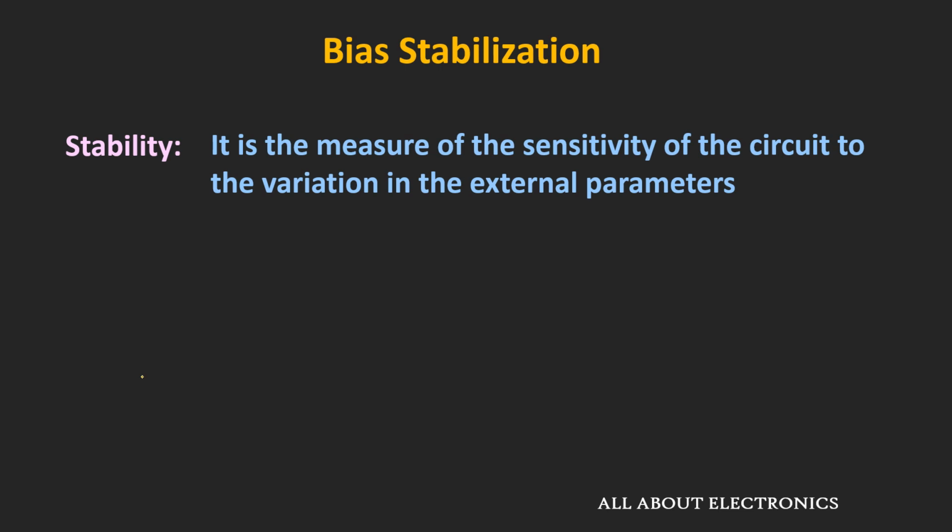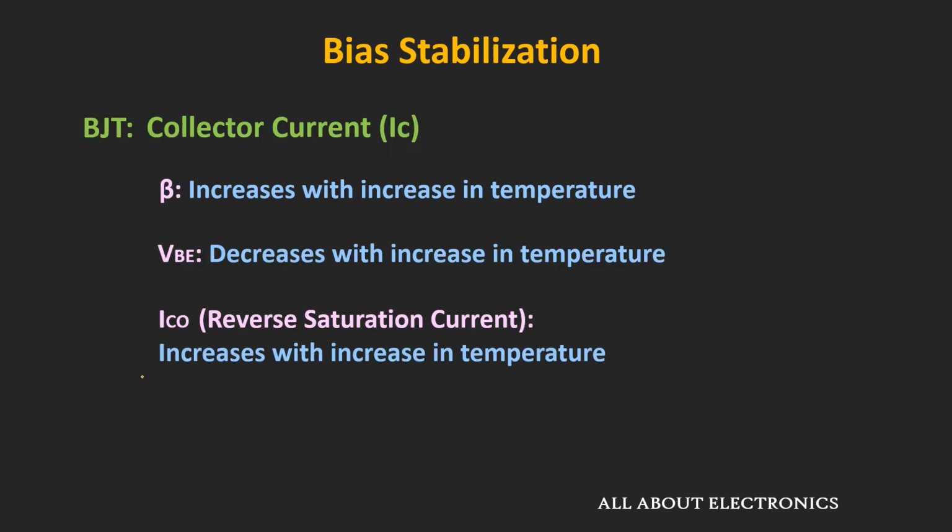For BJT, the collector current IC is sensitive to the following parameters, and as the temperature changes, the value of these parameters also changes, and the change in any of these parameters can cause a drift in the design operating point. For example, as the temperature increases, the value of beta will also increase.